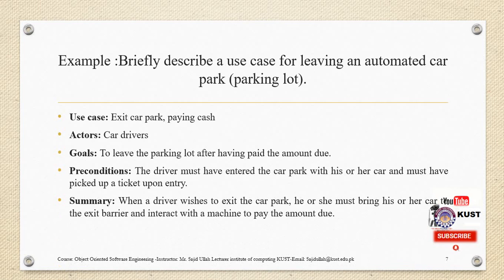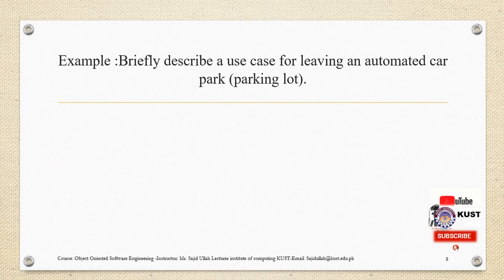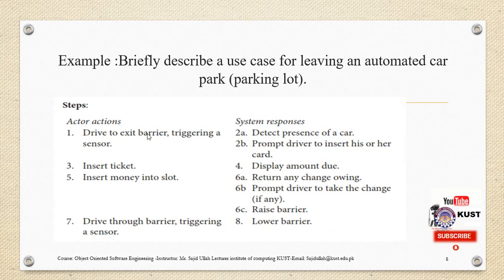Precondition means that in order to enter the car park, you must have a ticket issued by that car parking. Summary: when a driver wishes to exit the car park, he must bring his car to the exit barrier and interact with the machine in order to pay the amount due. Related use cases: exit car park by paying using a debit card.